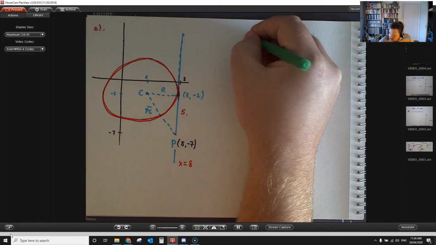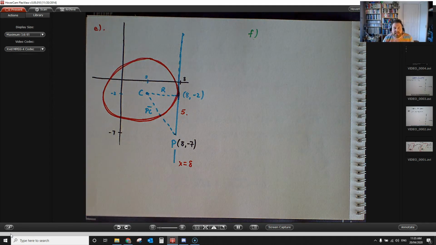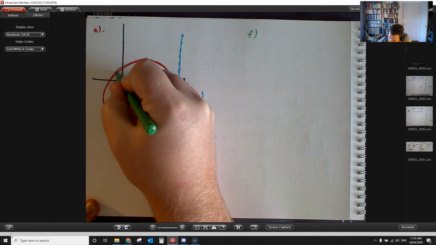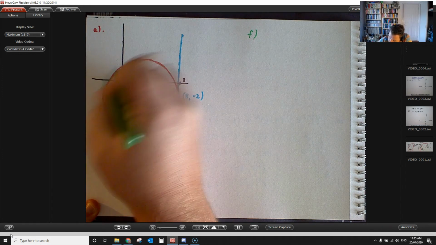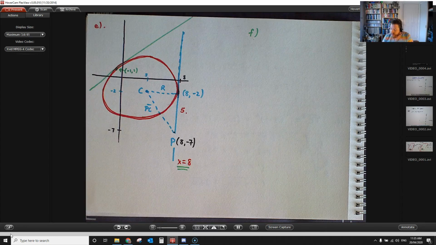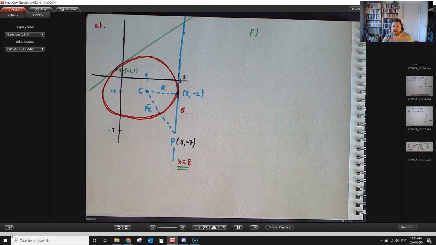The last part of this question wants us to find the intersection between the tangent that we found in part E, which was this one, x equals 8, and the very first tangent we found, which ran through the point (-1, 1), which looked more like this. It's just asking us to find that intersection point. If we know the lines that we have there, then this is a pretty straightforward process.